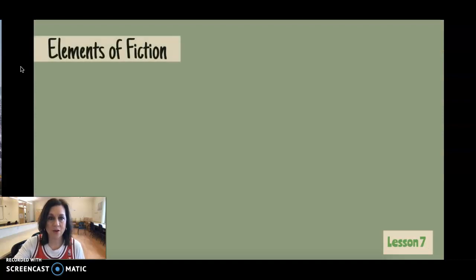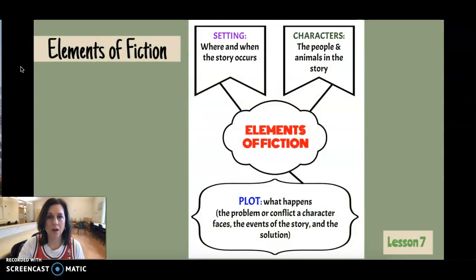Okay, so let's talk about the elements of fiction. A setting is when and where the story occurs. That's pretty simple, right? We all have been able to identify setting in the books and stories we've read. Our characters are the people and animals in the story. And then, of course, your plot. We've heard that word before, right?